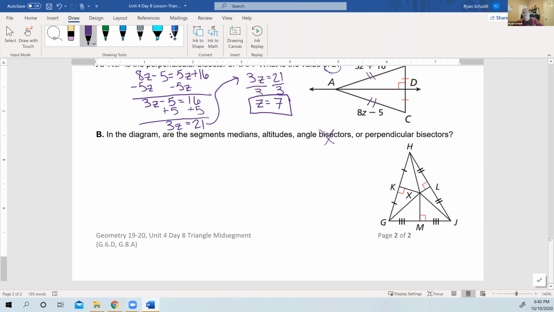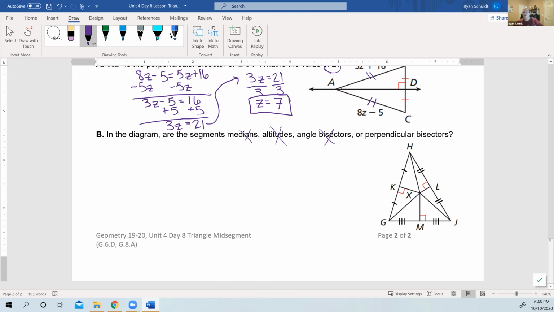Altitudes mean they start at the vertex and go straight down the whole triangle. I mean, one starts at G, but then it turns at X. So we can't say it's altitude. Again, a median is a straight line from H, for instance, all the way to M. But we turn here at X, not a median.